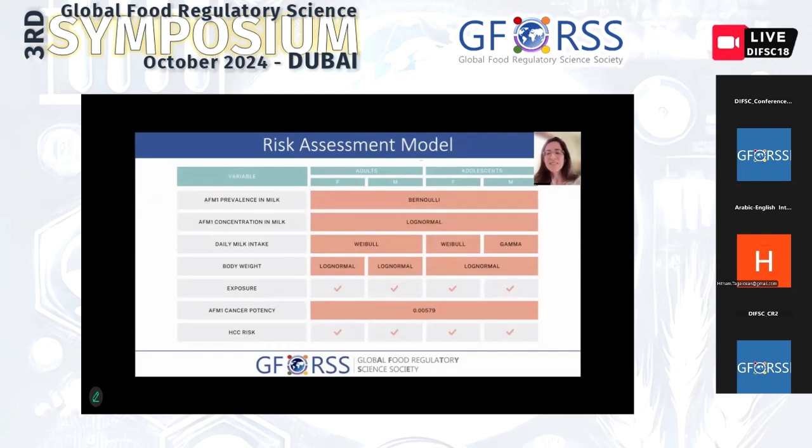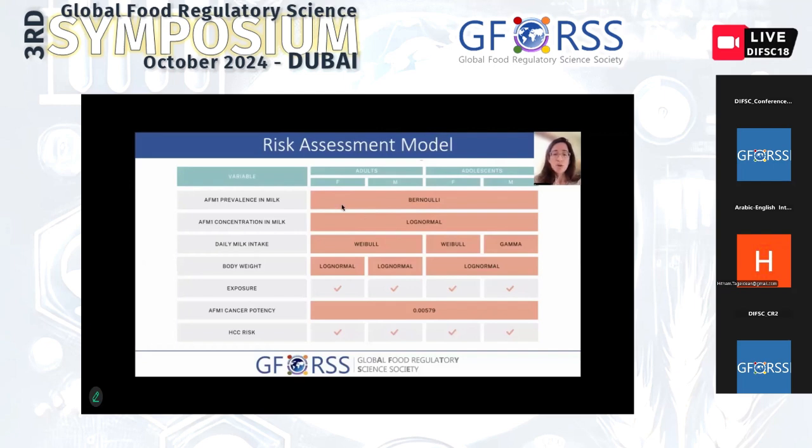In this table, you can see in very simplified terms how the model is set up. We have our variables on the left, AFM1 prevalence in milk, AFM1 concentration in milk, etc. And our outputs, exposure and HCC risk. And on top, we have our population subgroups, so adults, females and males, and adolescents, females and males.